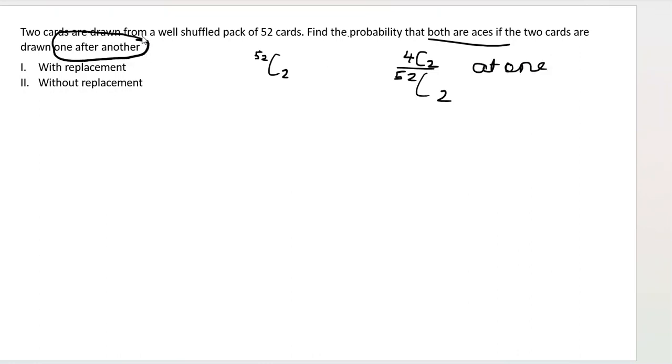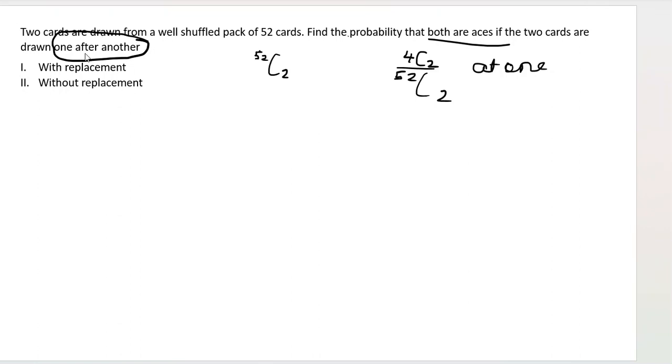Usually when two cards are drawn from 52 cards, we use the combination approach. That means we say 52C2, and now in this case if both are aces, we say the answer would be 4C2 upon 52C2. But this we do when these two cards are drawn at once. The problem over here, the cards are drawn one after the other.